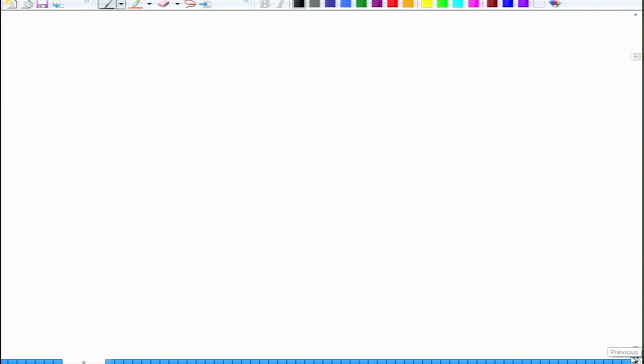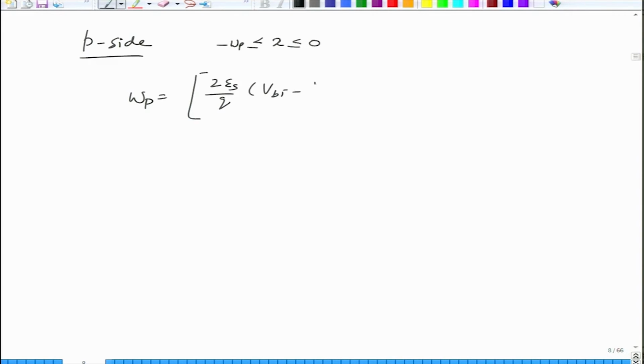Similarly, if you write the same equations for the P side, for x between minus Wp and 0, Wp will become equal to 2 epsilon s by q, into VBI minus VA, into Nd divided by Na into Na plus Nd, to the power half.